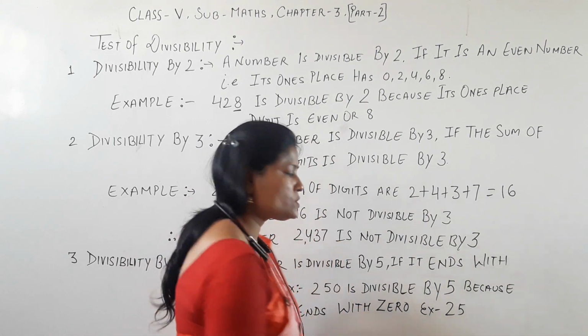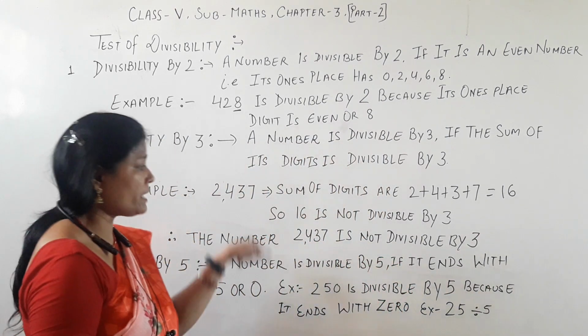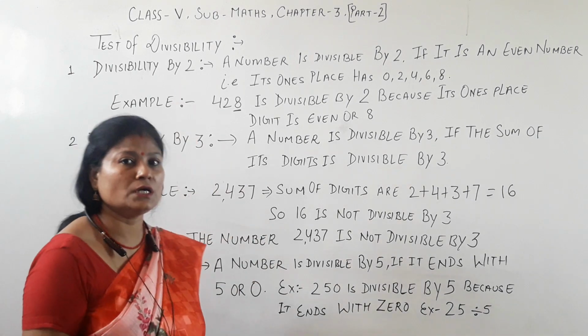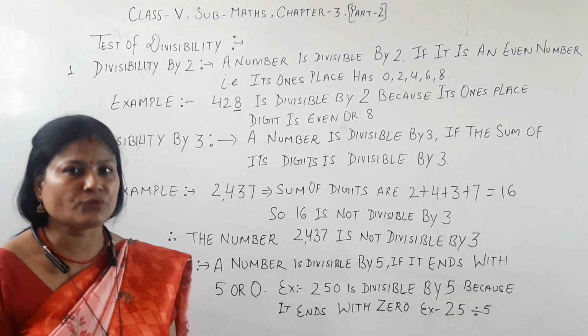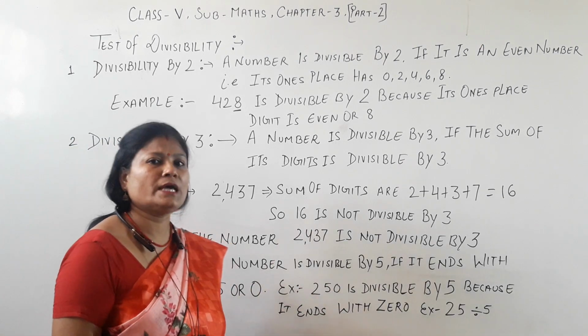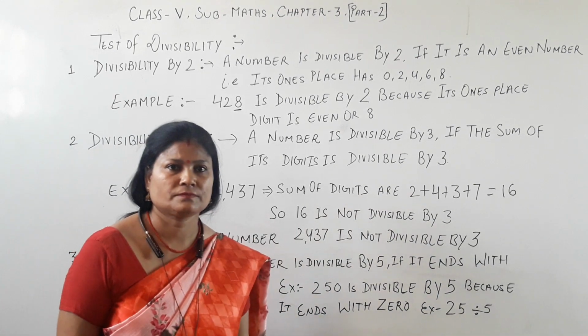So it is also divisible by 5. Understood? So in this manner, without any actual division, we can find out whether a number is divisible by 2, 3 or 5. Okay children? So we can continue with the next divisibility rule.